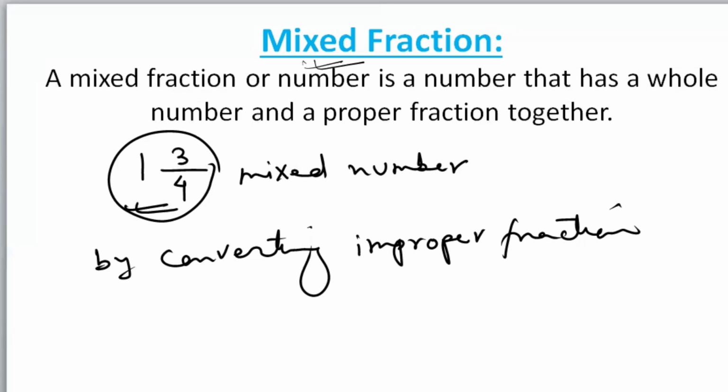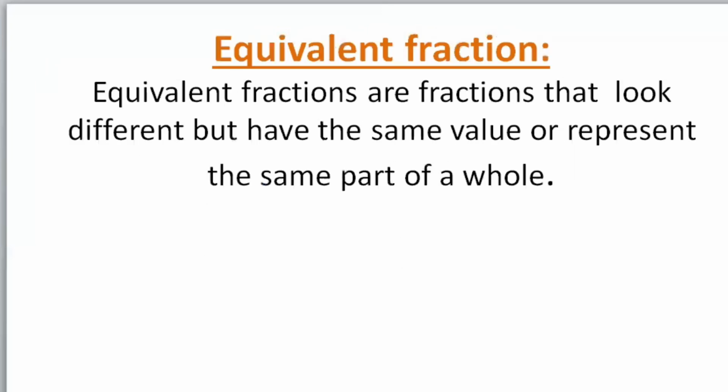Now let's see the last type of fraction, that is equivalent fraction. What is an equivalent fraction? Equivalent fractions are fractions that look different but have the same value or represent the same part of a whole. It says the equivalent fractions represent the same value, but look-wise they are different.